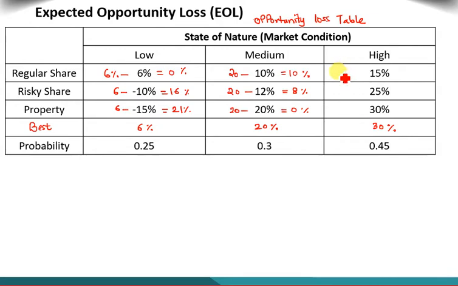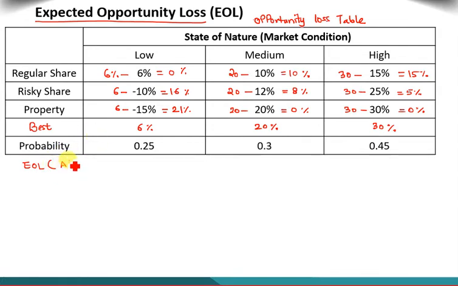So in the same way, we calculate for high. This is 15%. Here 30 minus 25, which is 5%. And then 30 minus 30, which is 0%. Now, for calculating expected opportunity loss, we are going to use the same formula that we have used for EMV.